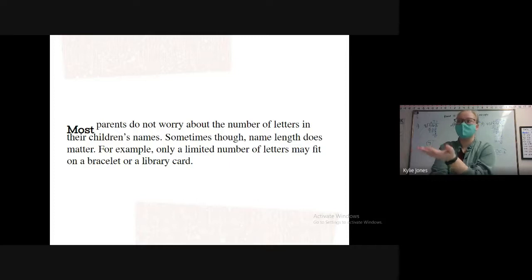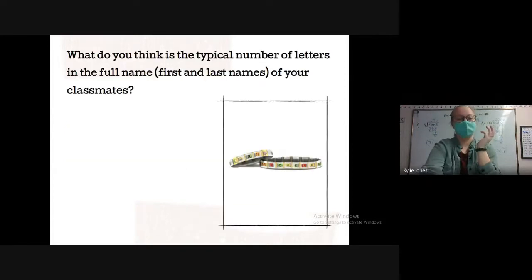You have a long first name, so putting it on a driver's license might be a little bit difficult. Whereas mine, Kylie Jones, very short, right? My whole name is 18 letters. So there are some reasons why it's better to have a slightly shorter name for some of those things.